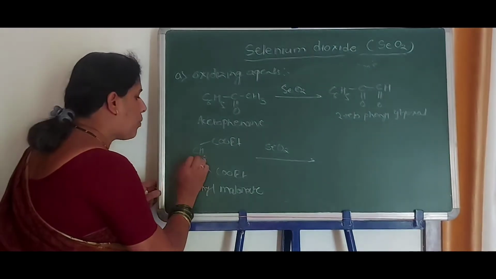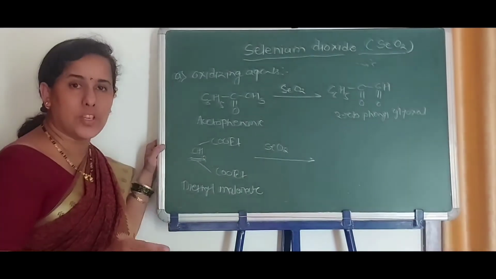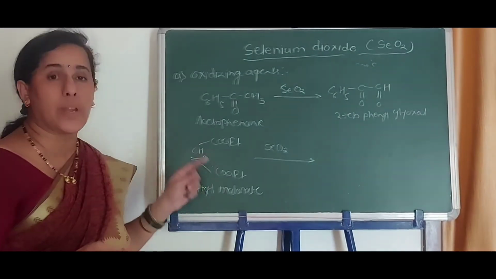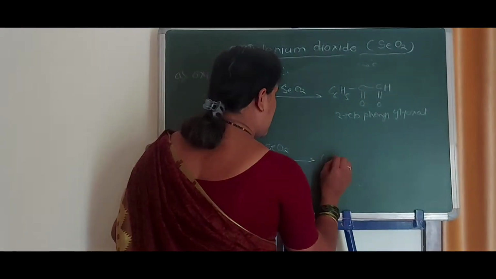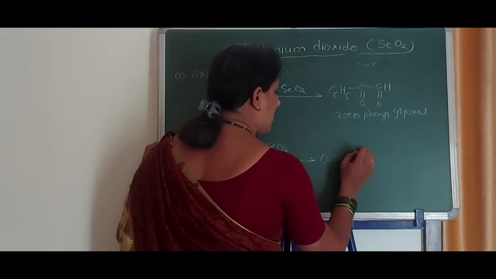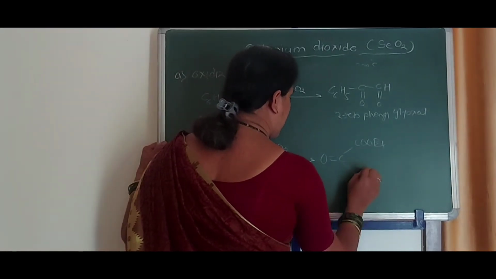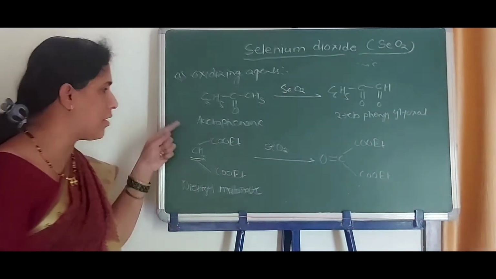Here the active group is CH2. Now the rule is changed. When an active CH2 group is present, it can be oxidized to a CO, a C double bond O, and the COOEt remains as it is.